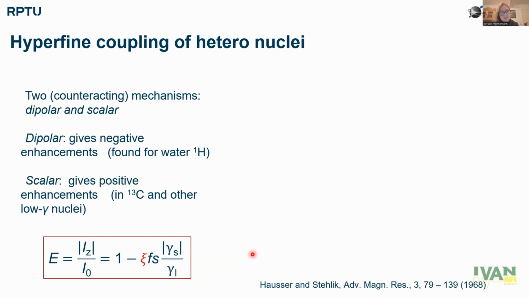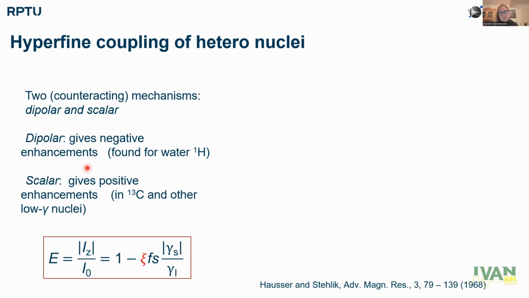So if we speak of ODNP of heteronuclei, we have to have a look at the basic hyperfine mechanisms that are the origin of Overhauser DNP. That means the hyperfine interaction of the electron and the nuclear spins. There are two mechanisms, dipolar and scalar interactions. If you go for protons, you have only dipolar interactions, which gives you negative signal enhancements.